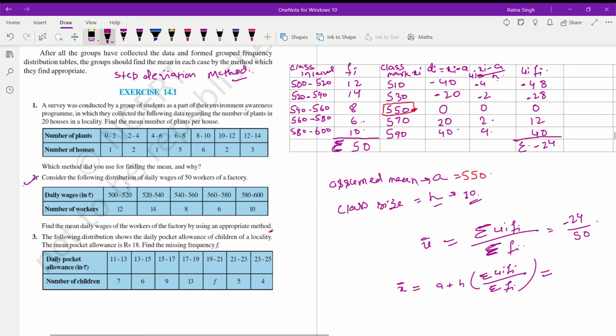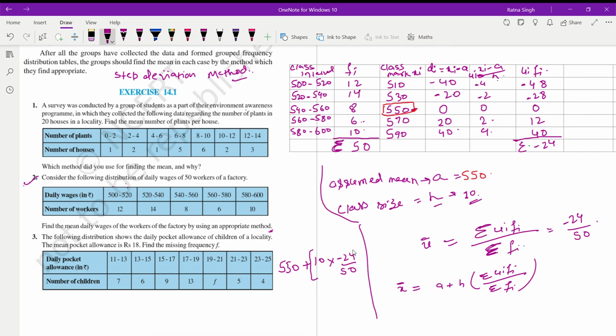Placing the values, we'll get A, 550, plus 10 multiplied by minus 24 over 50.